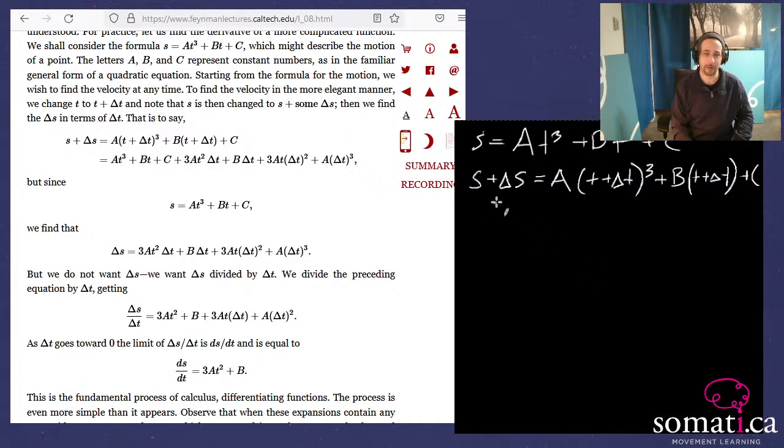And it looks like, set out further, t plus delta t cubed, what is that?